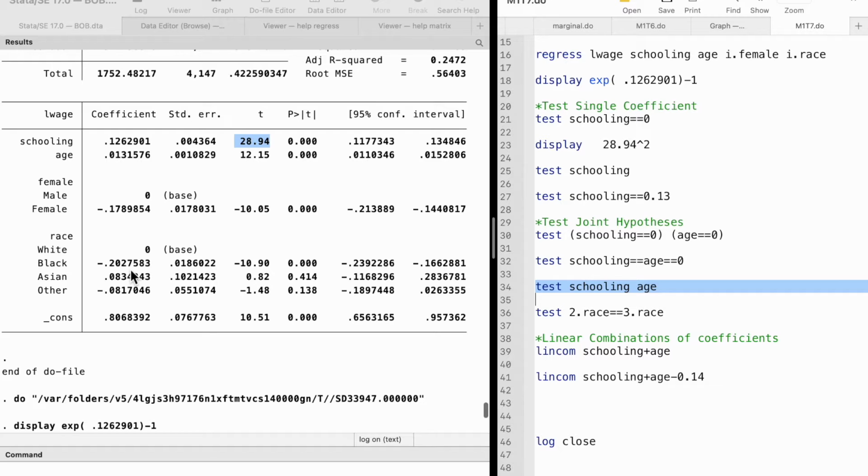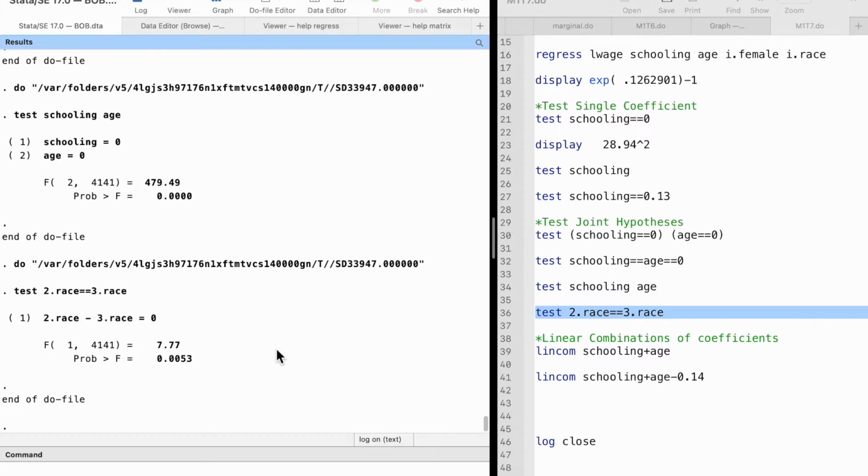To test whether the black workers are the same as the Asian workers, we type test 2.race equals 3.race. We find a p-value of 0.0053. We reject the null hypothesis that they are equal at the 1% level.